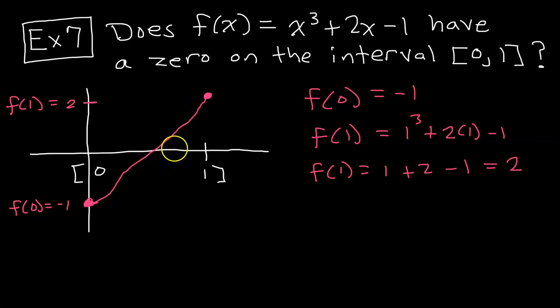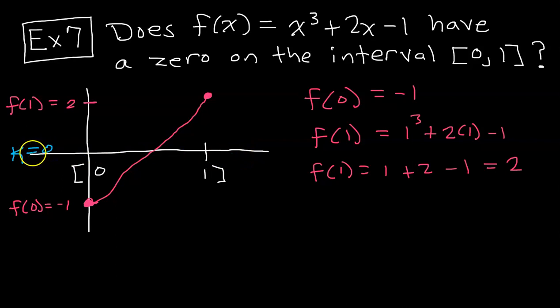So when we talk about zeros of a function, we're basically talking about x-intercepts. So the intermediate value theorem tells us that if we pick any k value between f at 0 and f at 1, and we're going to go ahead and pick the k value of 0, which is the x-axis.